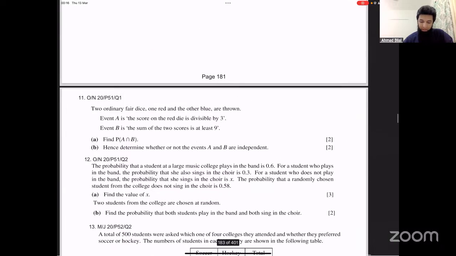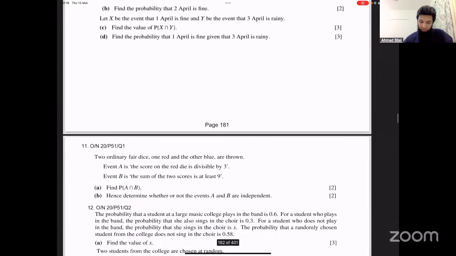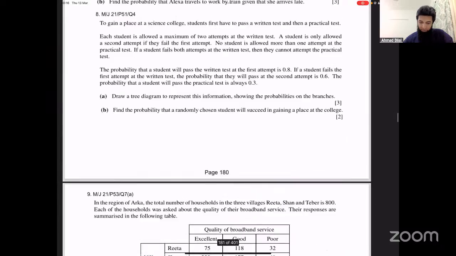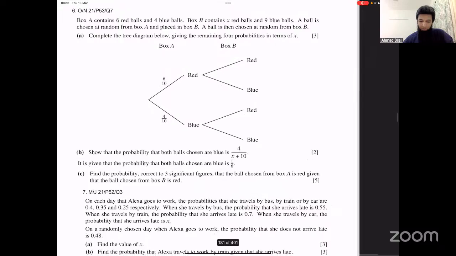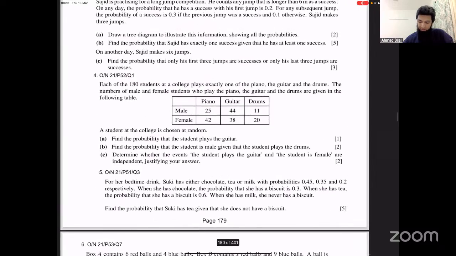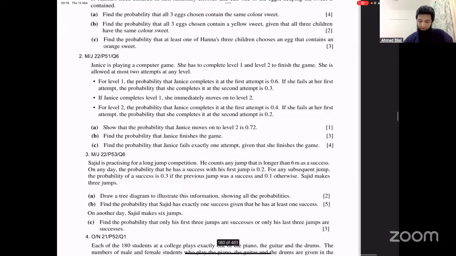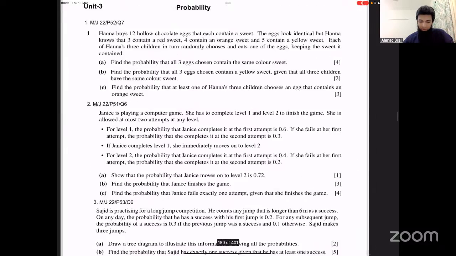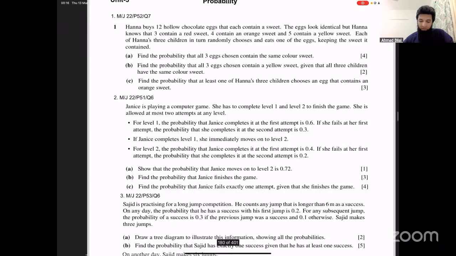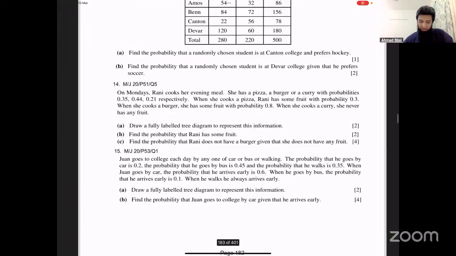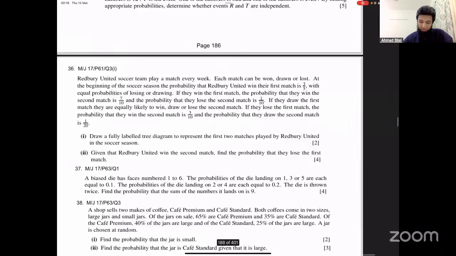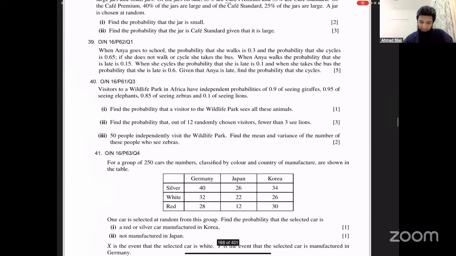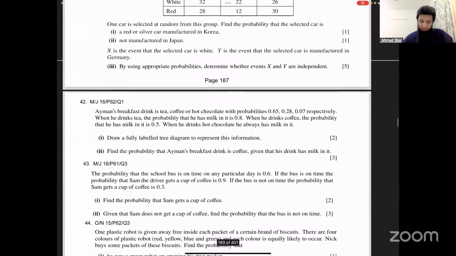What I'll do is I'll upload this other topical as well, and you can have a look at this. And if there are any questions from this as well, you can always post on the WhatsApp group, or we can discuss them towards the end of one of our classes later on as well. No, so you'll not find many questions like this in the worksheet or in past papers. This is very different from the normal questions that you see in probability.